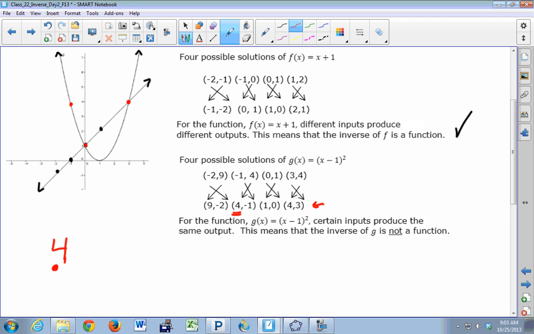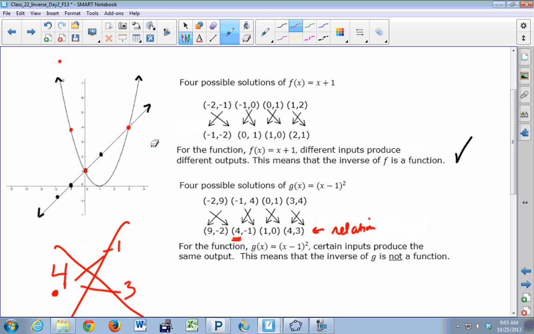What comes out when you put 4 into this inverse function? -1 and 3. So is that how we define a function? If we put something in, we get 2 things out? No. So we have to have a unique output for every input. So this is not a function. It's a relation. It's fine to have a set of ordered pairs, but it's not a function.